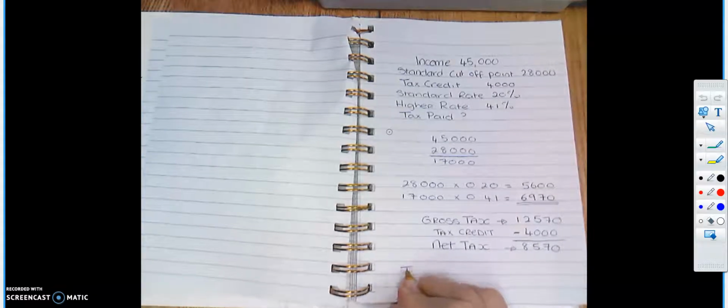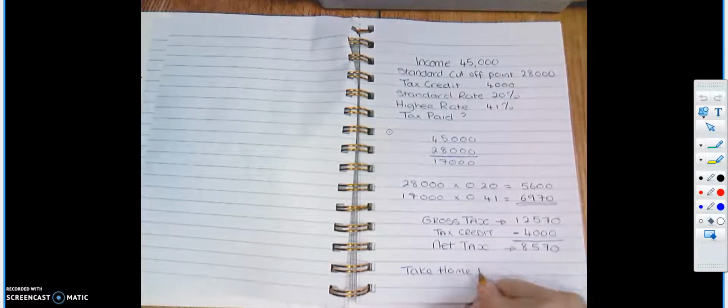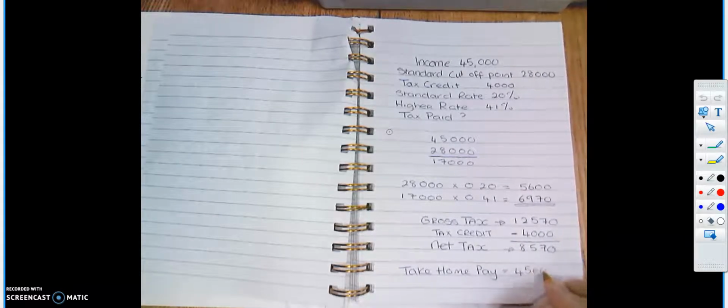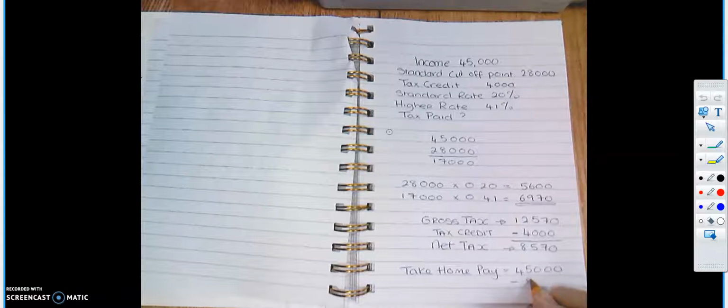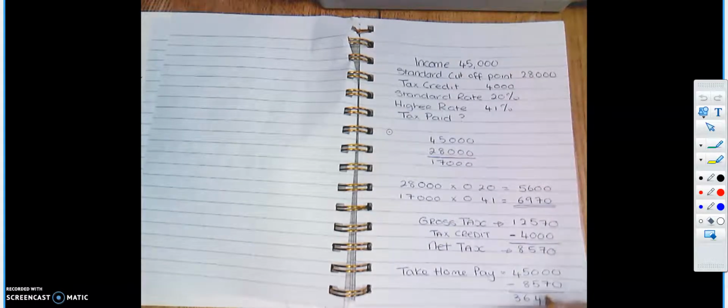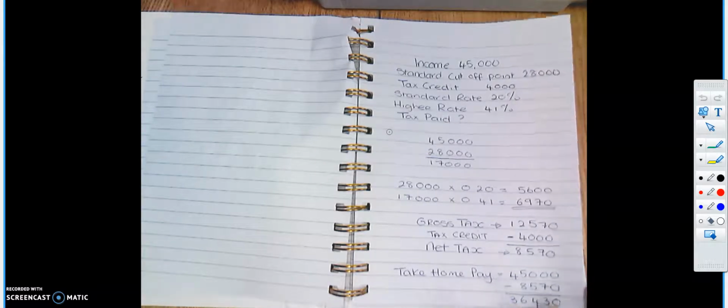So that means their take-home pay is equal to the 45,000 take away your 8,570. So this person will take home 36,430 euros over the year, not their 45,000 as they expected. Okay, so that's that question.